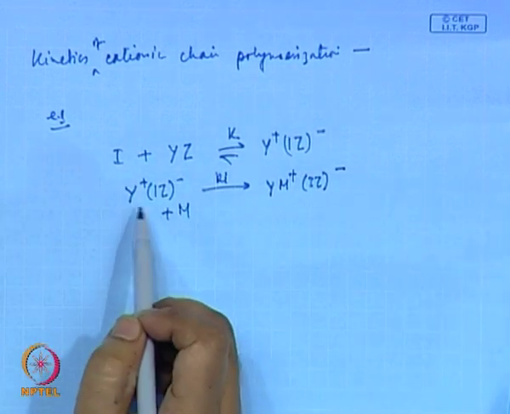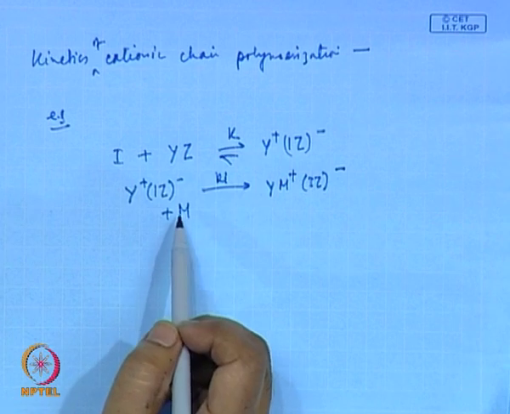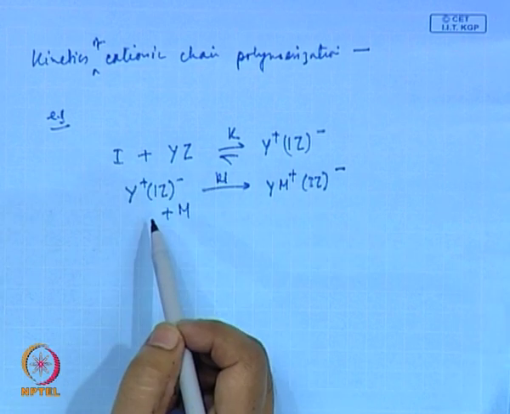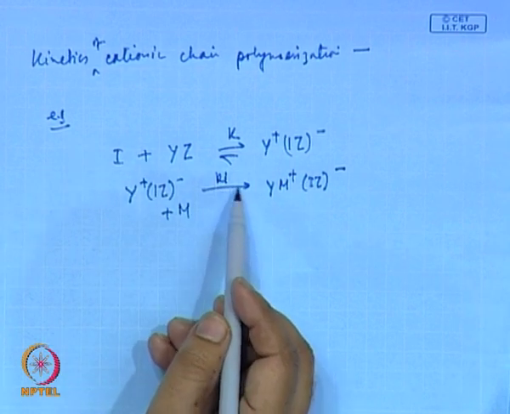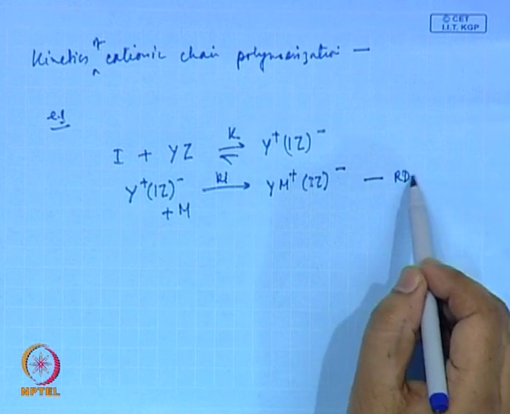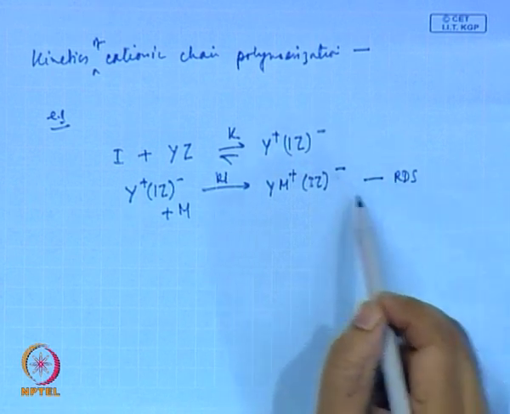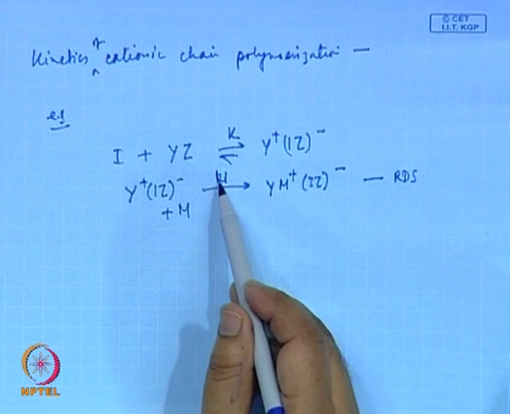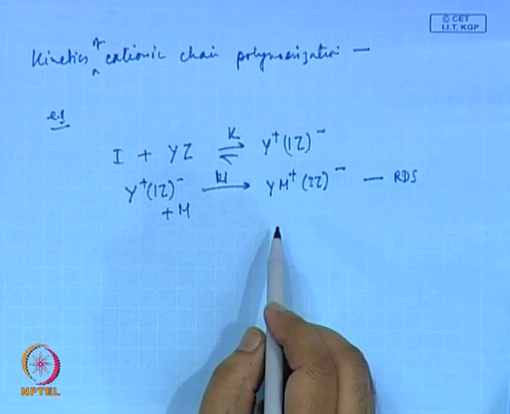So these are the two steps that make up the initiation reaction, and as I mentioned earlier, this is your rate determining step. So, the rate constant for this reaction is considered.